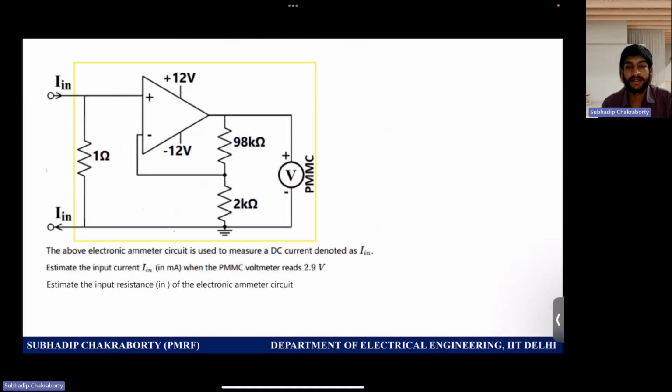So now coming to the use of this measuring instrument with the operational amplifier, which we call the instrumentation amplifier based arrangements. So now see, this circuit is an easy problem, the first problem based on this kind of metering arrangement with the operational amplifier.